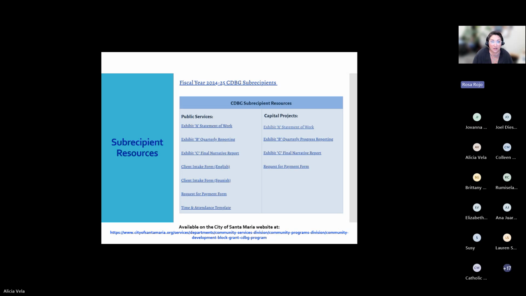Today's training will be on this web page as well, so you can always refer back to it. And it's split up under public services and capital. So as Alicia mentioned, just make sure that when you're downloading the form that you download the appropriate one, whichever one you fall under, which is public service or capital.